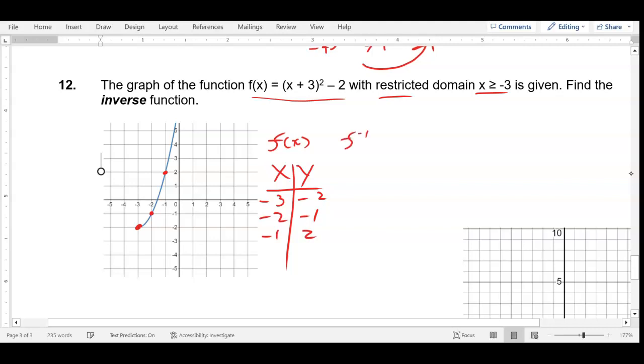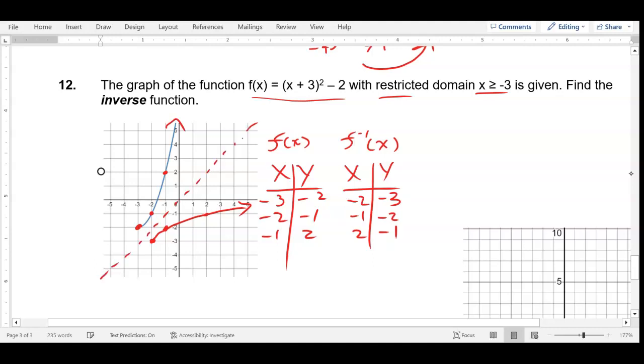If you want the inverse graph, you just flip it: -2, -3, -1, -2, 2, -1. And that's symmetrical across the dashed y equals x line.